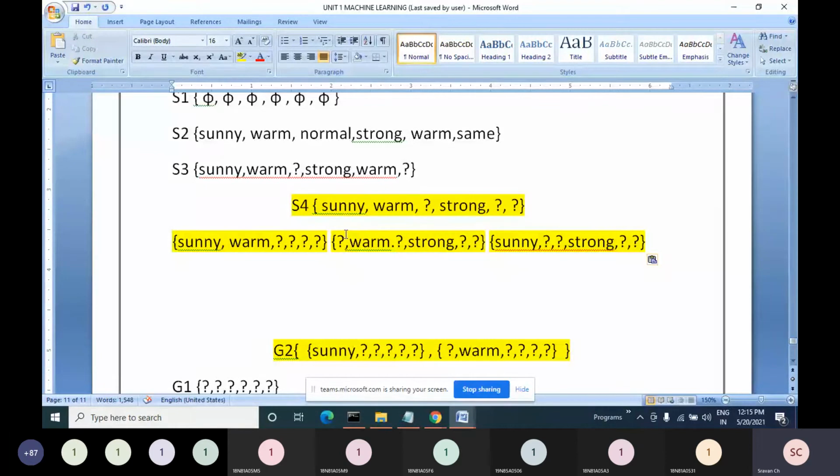Finally, I removed warm, retained sunny and strong, and filled question marks in the remaining places. So like that, 3 plus 3, total 6 different hypotheses I got. 6 different possible hypotheses we have derived using the candidate elimination algorithm.